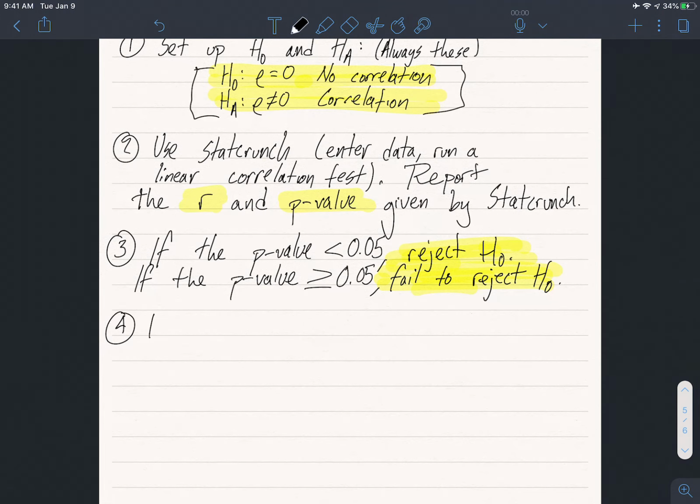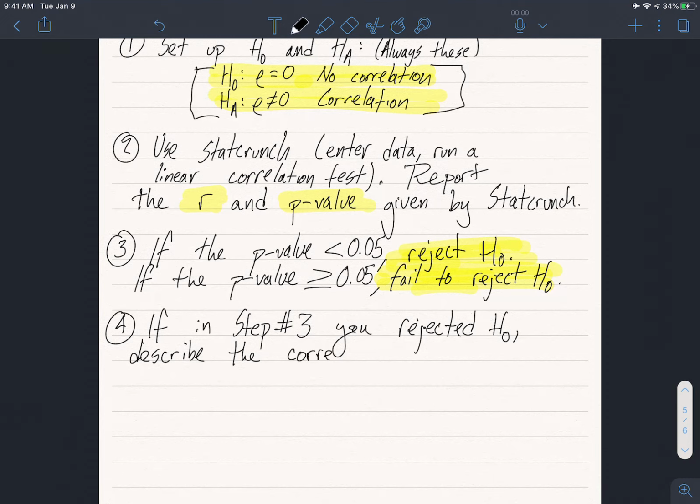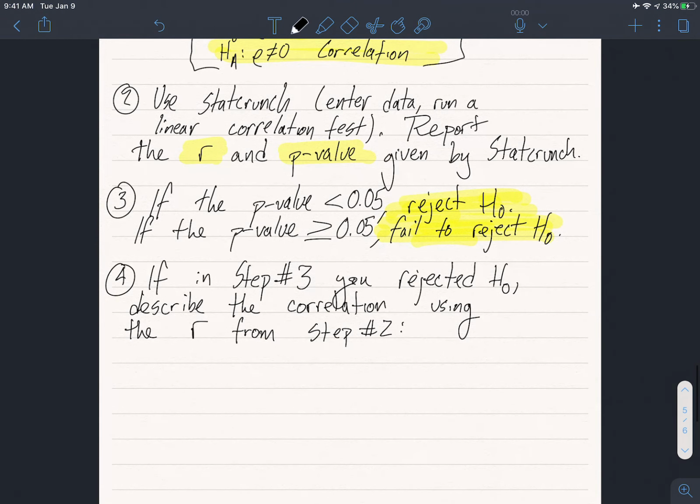Step 4, if in step number 3 you rejected H0, describe the correlation using the R from StatCrunch and from step 2. And what do I mean by that?